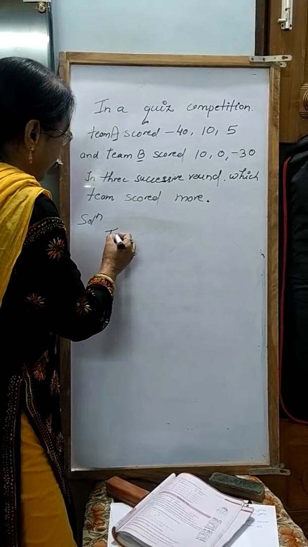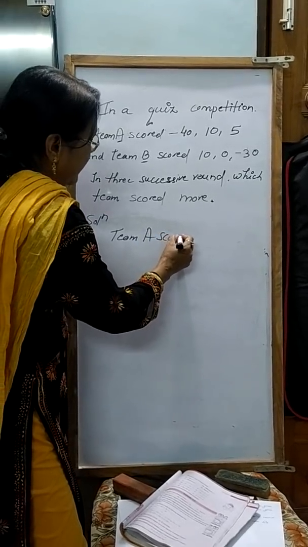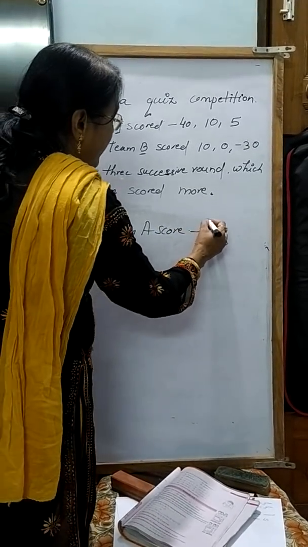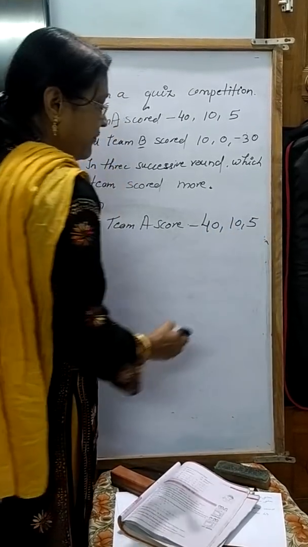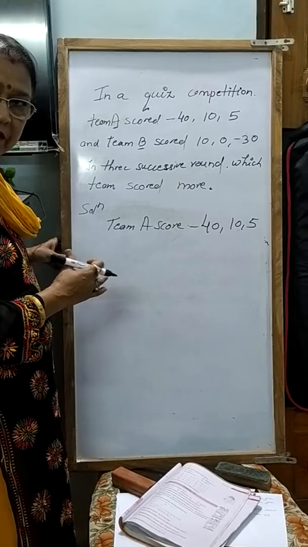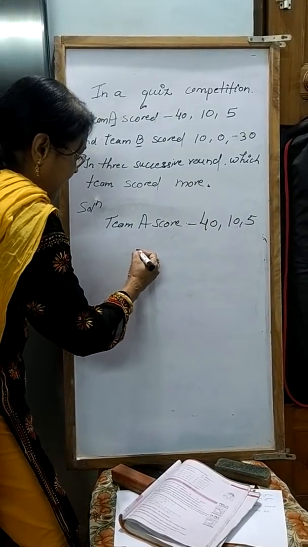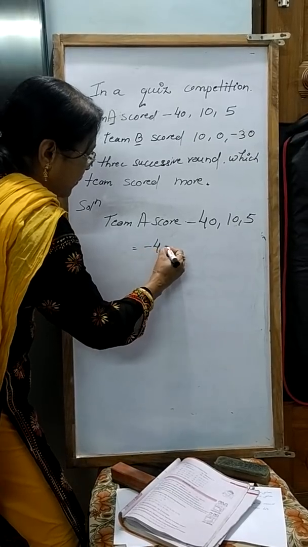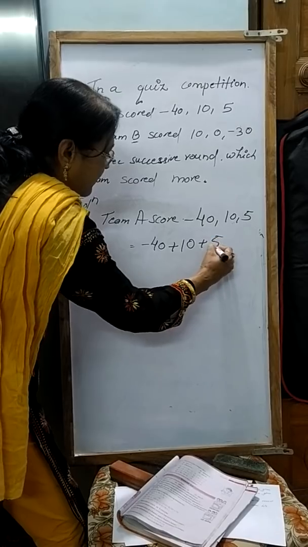First you have to write that team A scored, team A को जो marks मिले वो है -40, 10 and 5. Now these are the integers. Just now I told you about addition and subtraction of integers. So here it will be -40 plus 10 plus 5.